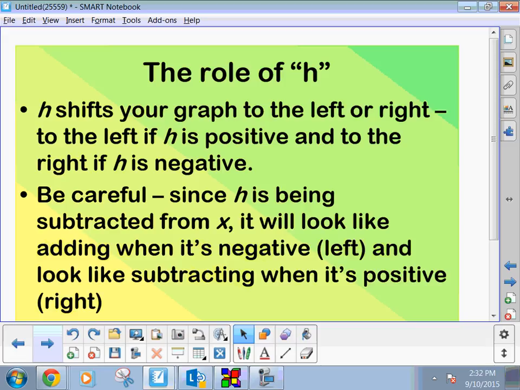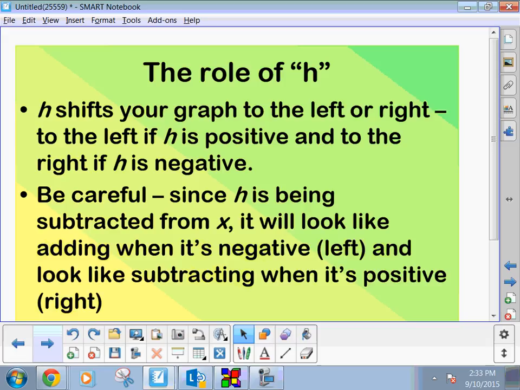If it says -4, it goes the opposite direction. You see -4, it's not going to move in the negative direction. It's going to move the opposite direction.